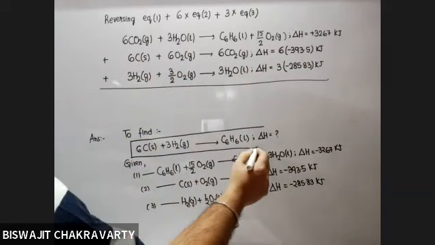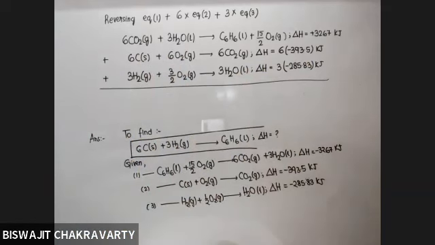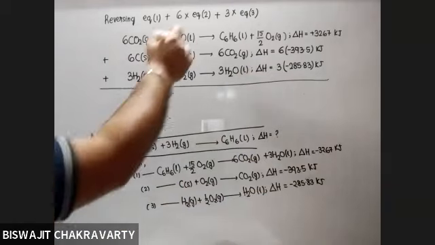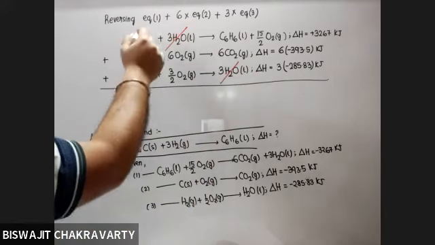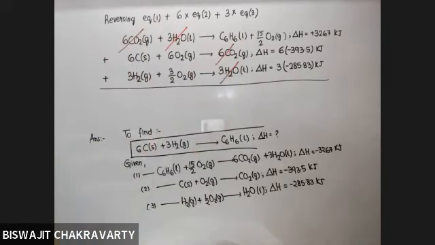If you get this required equation, then the respective delta H value will be the answer. So some components will get cancelled. 3H2O, 3H2O will get cancelled. What else can we cancel off? 6 O2, 3 by 2 O2, and 15 by 2 O2. 6 plus 3 by 2 O2 is how much? 15 by 2 O2.